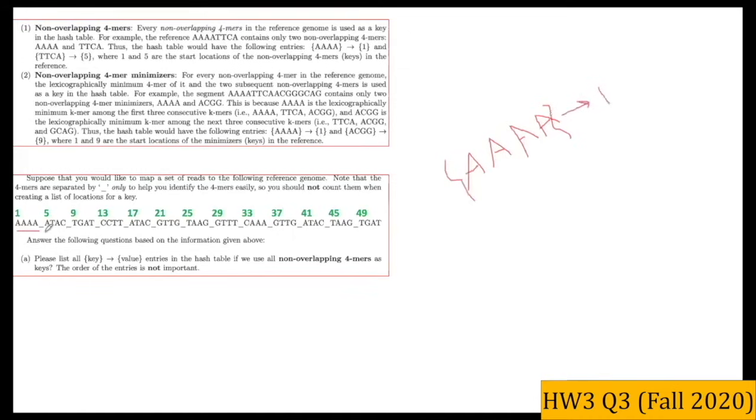Now the second k-mer will be the second subsequence here, which is A, T, A, C. Where is this k-mer located? Since I added this 5 here, we already know the start location. You just need to count the number of characters and define the start location of such a k-mer. So the first location is 5.